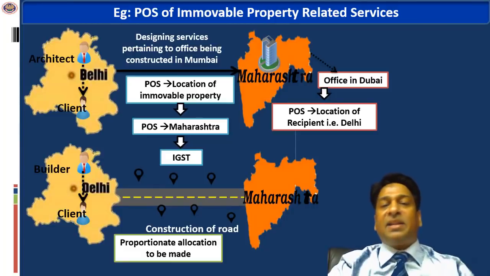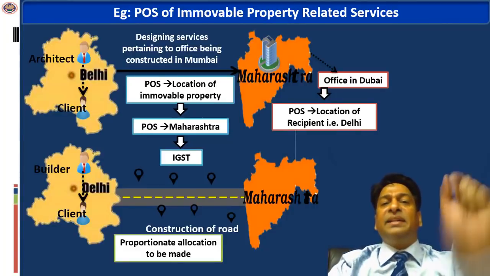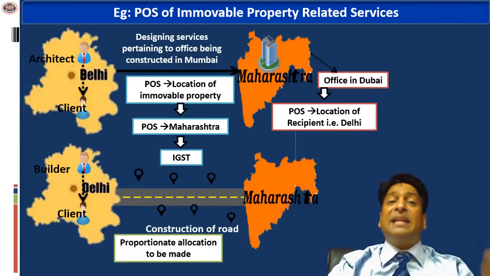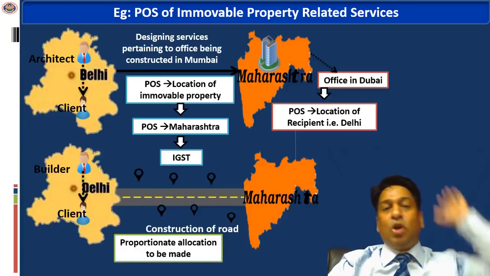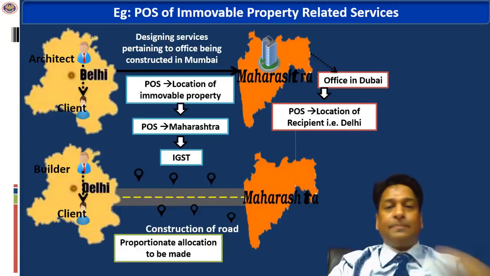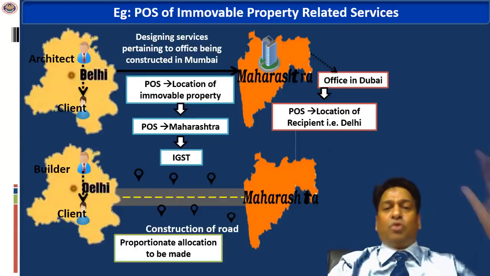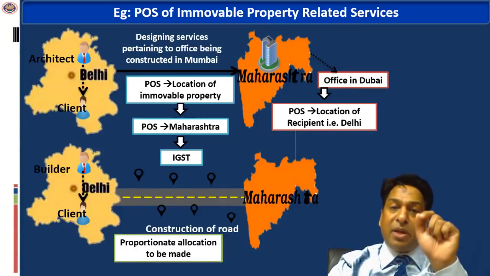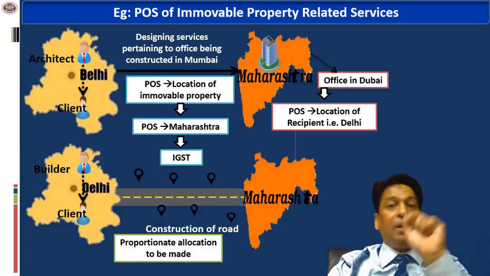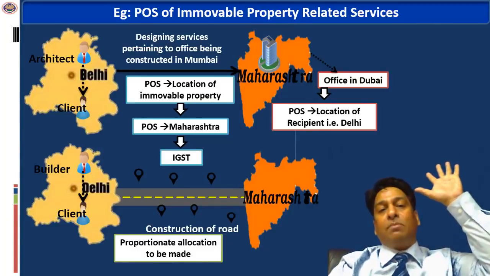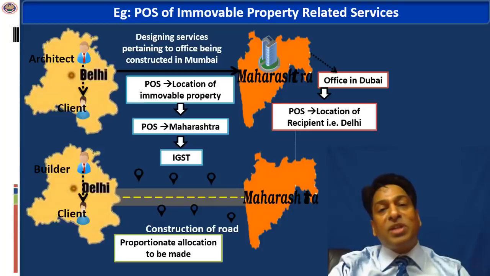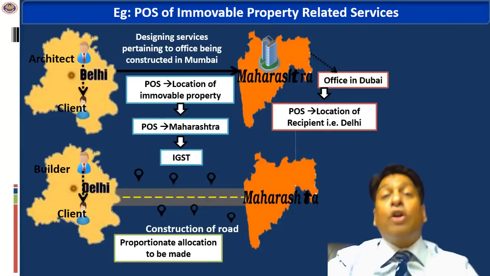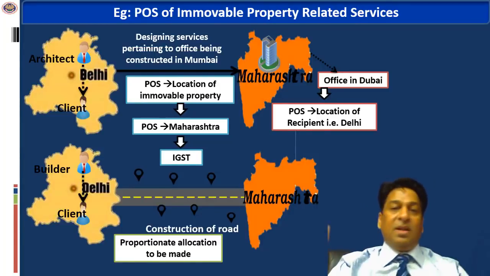Let's say an architect is providing designing services to a client located in Delhi. So both are in Delhi and both are registered, assume. But this architect service is provided pertaining to a property located in Maharashtra, Mumbai. Tell me, would the transaction be intrastate or interstate?